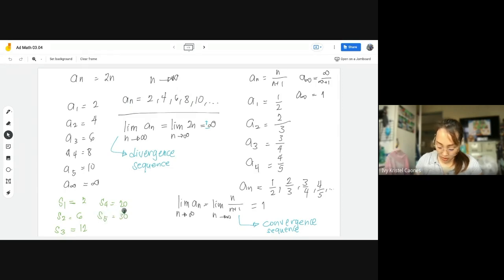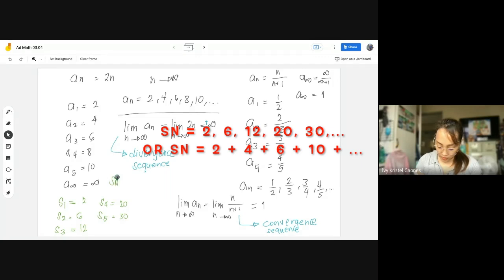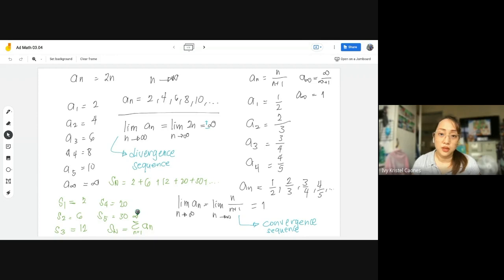So our S sub n is, pwede natin sabihin, 2, 6, 12, 20, and 30. S sub n is equal to the summation of a sub n as n equals 1 approaching infinity, until the infinity.